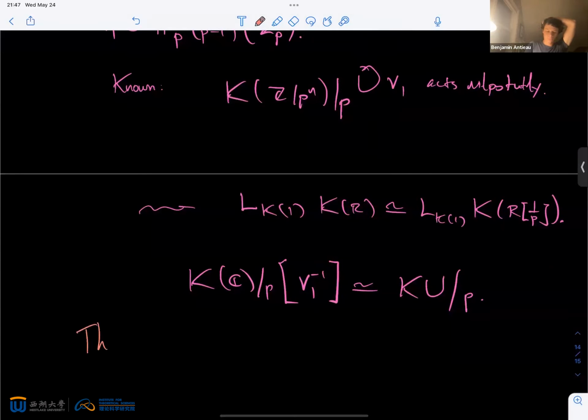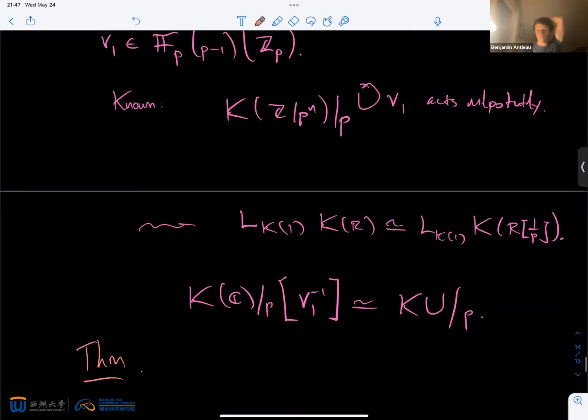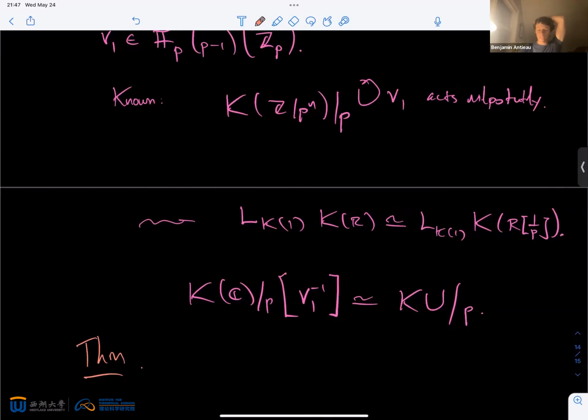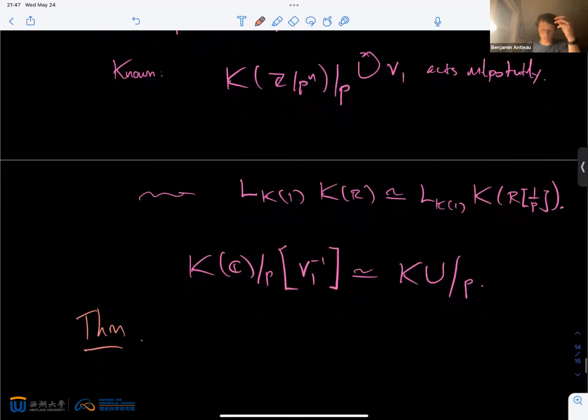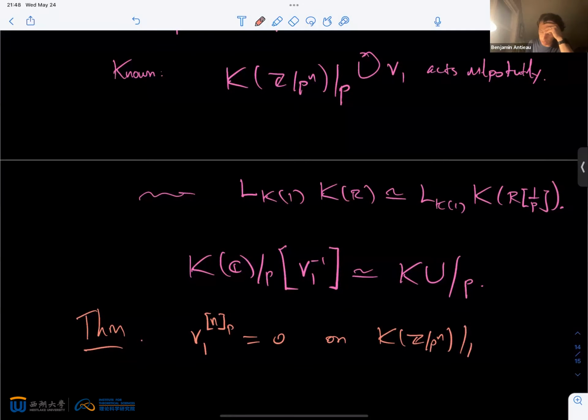So we already knew that the action of v_1 is nilpotent, but kind of an amazing fact, using the explicit nature of our algorithm, we were able to actually compute the exact order of nilpotence. So specifically, v_1 to the p-analog of n is 0 on K of Z mod p^n, mod p, and no smaller power is 0.